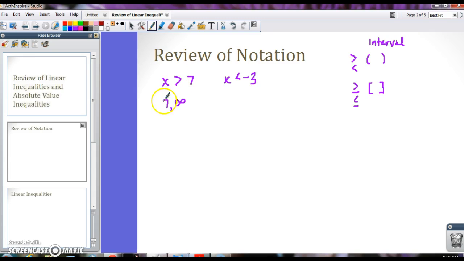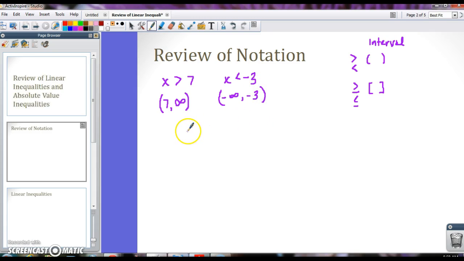And because it's just a greater than symbol, we would put parentheses around that, and we'd put parentheses around the infinity sign. Okay, similarly here, because I'm going less than -3, I'm saying it's anything less than -3 going to negative infinity. So I would write that as -infinity to -3. And again, because it's just a less than, I would put parentheses.